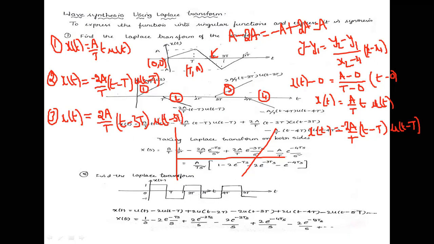Got it? And at 4T, there is no slope; it has to become 0. The slope is extended like this until then, and you have to bring that to a 0 value.